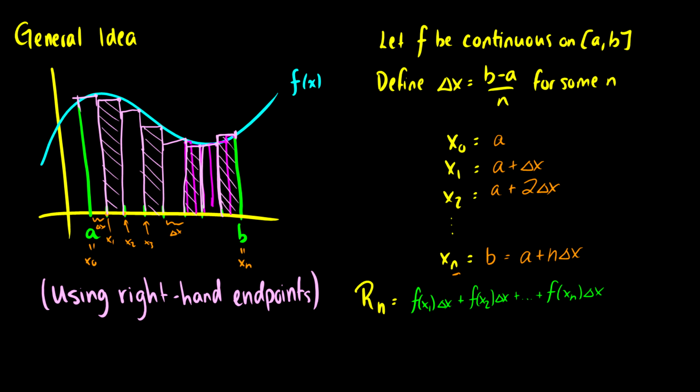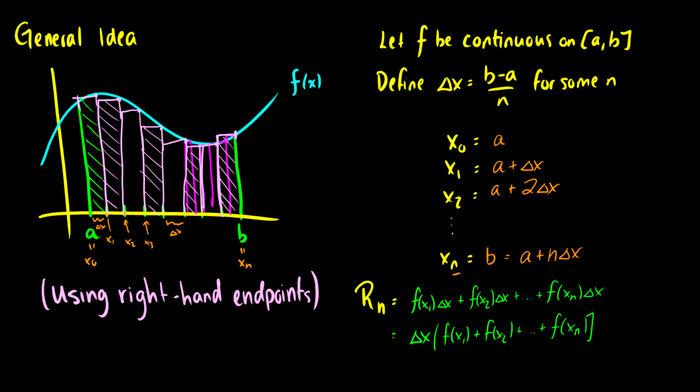So I've taken the area of the first rectangle with f of x1 times delta x, then I take the area of the second rectangle with f of x2 times delta x, so on and so forth. Now, of course, we can factor out the delta x, so what we really have is delta x times f of x1 plus f of x2 plus all the way up to f of xn.